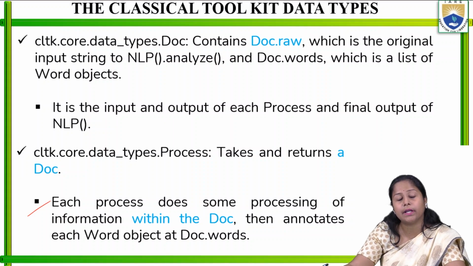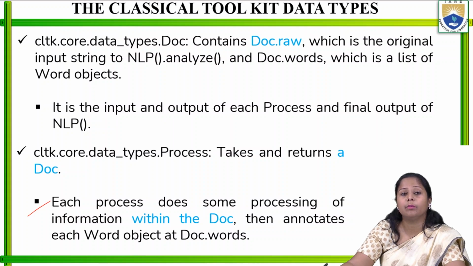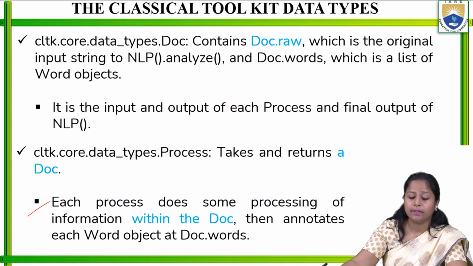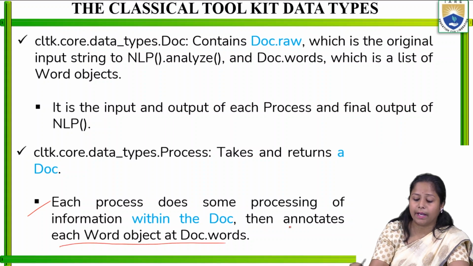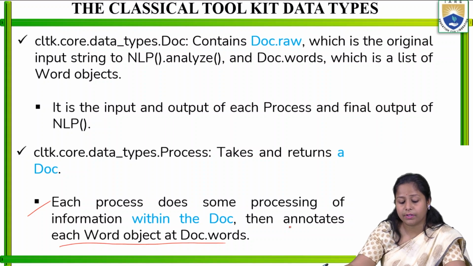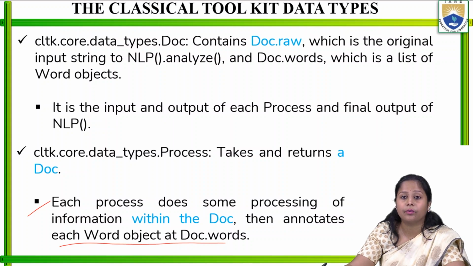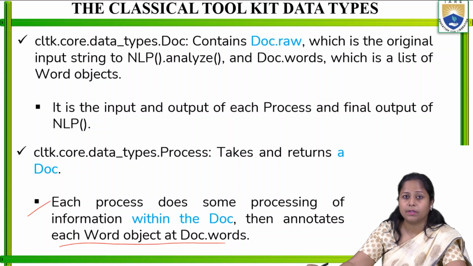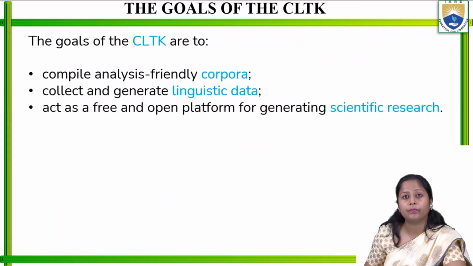Corpora is a collection of corpus. A corpus is nothing but a document that is saved in the library, that is, predefined documents. Then it is going to annotate each word object at doc.words. So by using doc.words, it is going to annotate each and every object from this Process data type.